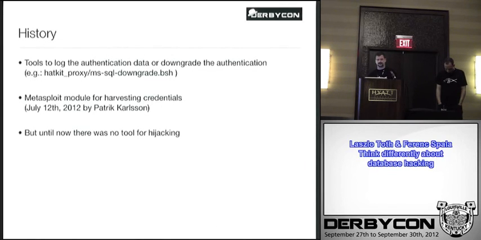History. There are lots of tools out there that can do something with an MS SQL connection. They can downgrade the encrypted authentication protocol, or they can log the credential data for later brute forcing, anything. But until now, there was no tool for hijacking.